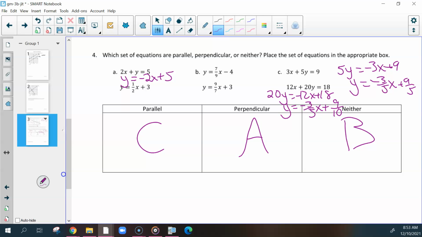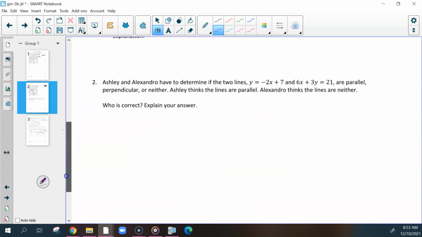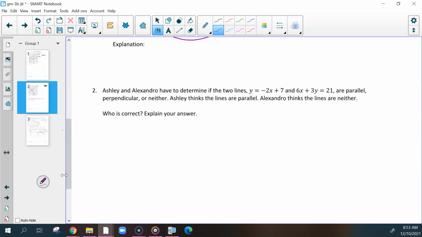And then the very last question asks you to determine if these lines are parallel, perpendicular, or neither. One thinks it's parallel, the other thinks it's neither. But you needed to solve this one to see that.